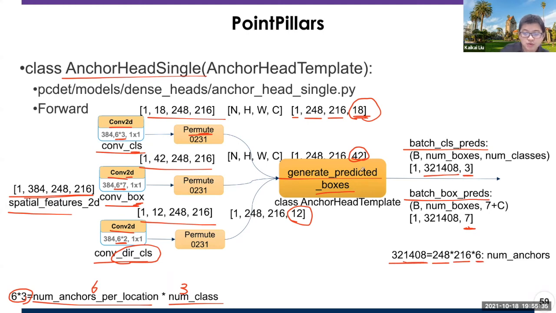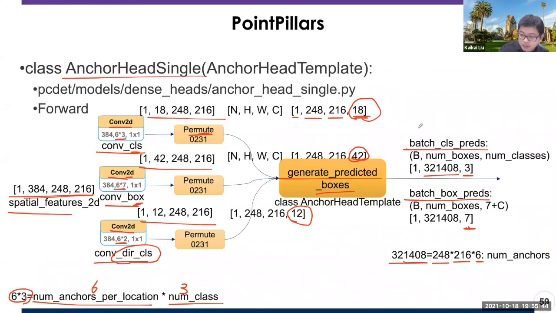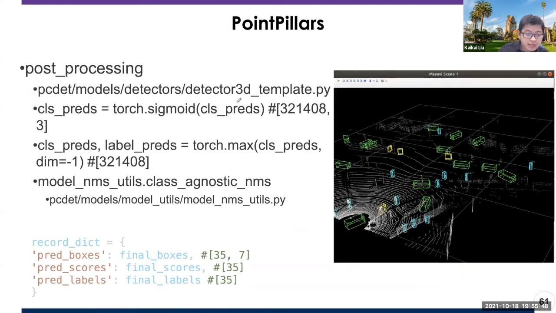So this is the generated predicted box output. Then finally, the batch classification predictions and batch box predictions. The classification goes through a sigmoid function, so dimensions are the same.